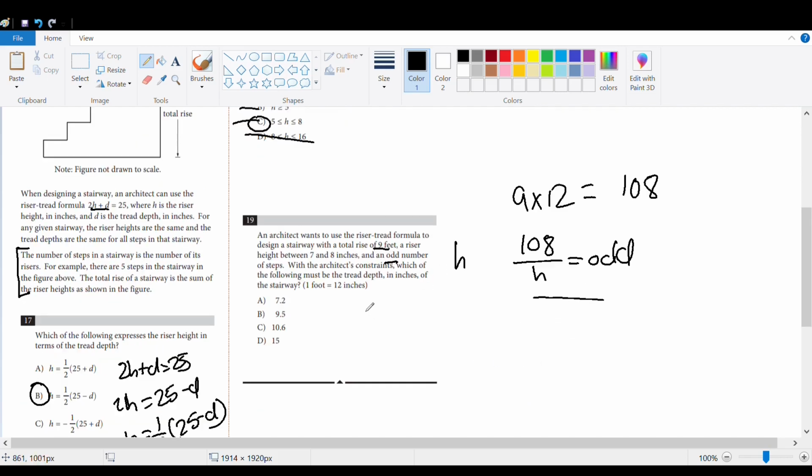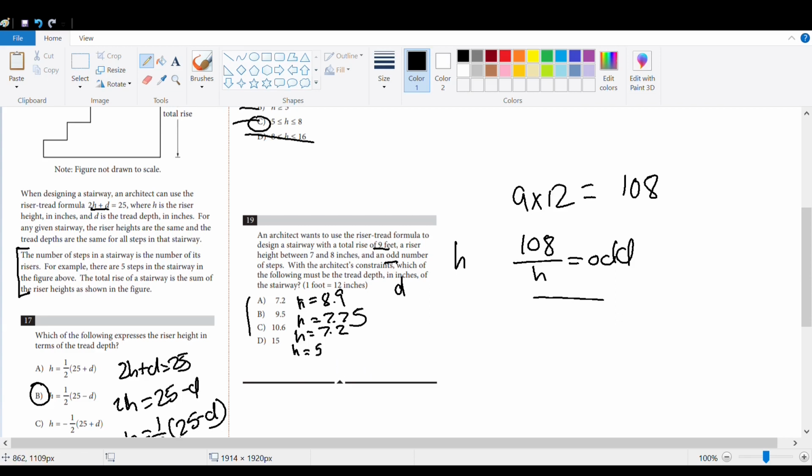So with these constraints, which of the following must be the tread depths in inches of the stairway? So these are tread depths, or the values of d, and we have an equation, so let's just plug these values of d in and see what h is. So 7.2, and we have a calculator. Okay, so we have all the values of h here.